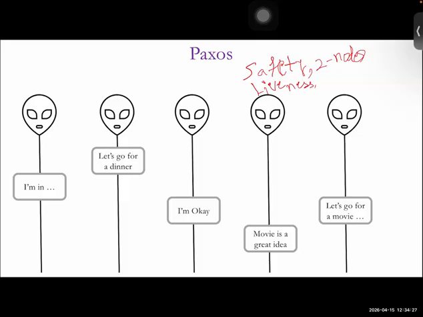So what is liveness? Liveness is that progress eventually happens if a majority of nodes are responsive. The key idea of Paxos is that a distributed system can still reach agreement as long as a majority quorum of nodes are alive and can communicate.